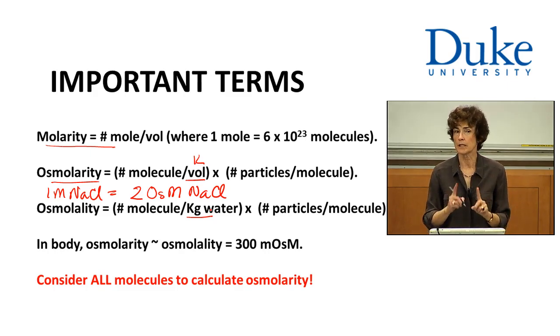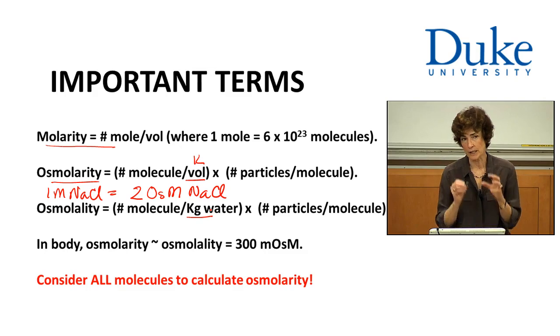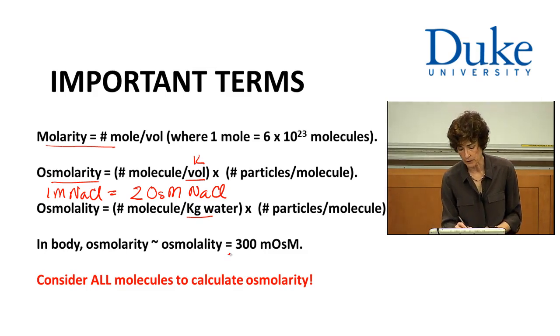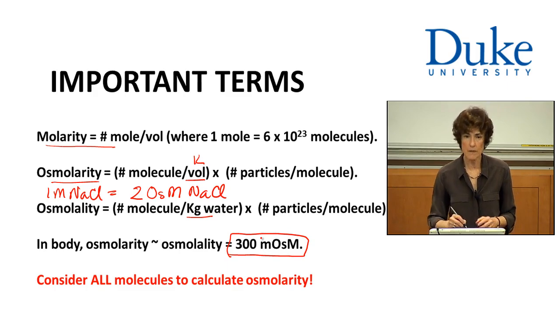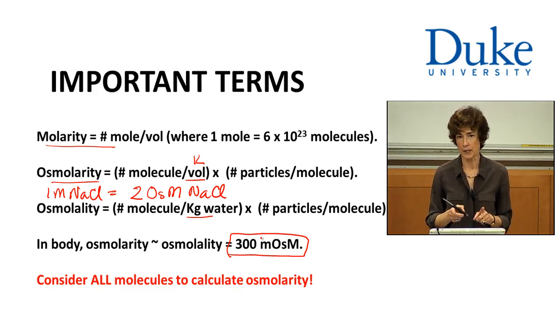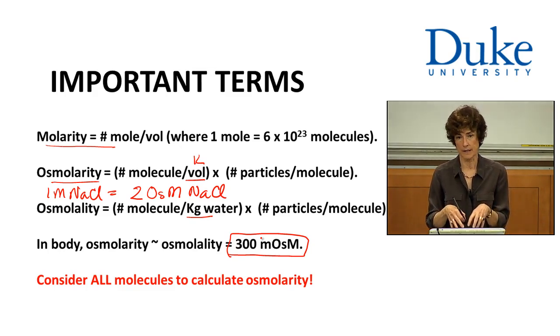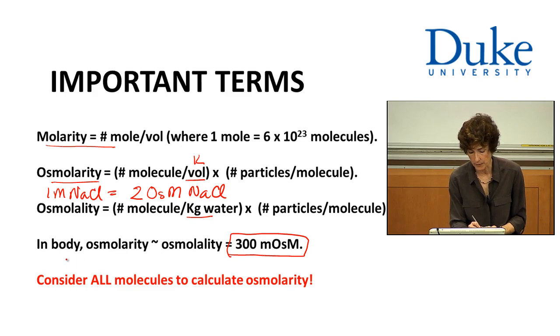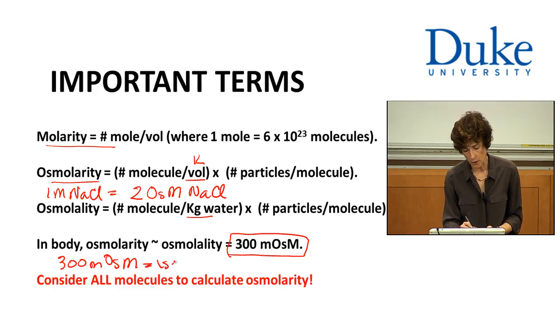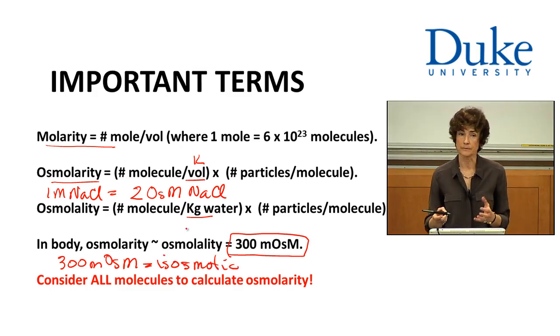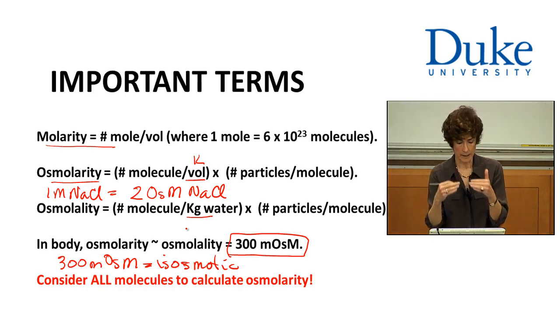The other thing that we're going to consider is that in the body, the osmolarity of the cell is about 300 milliosmolars. So if I put this cell into a solution of ECF, and the ECF is 300 milliosmolars, then that solution is isoosmotic to the cell, because it's the same osmolarity as the cell.